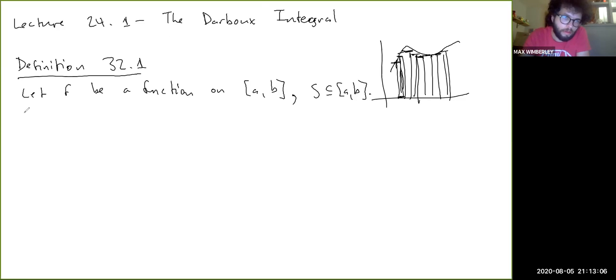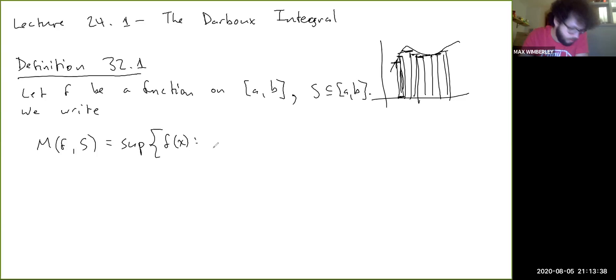We write, just for convenience, because we're going to have to write this a lot of times, capital M of f and S is basically the maximum, quote unquote, although it's not really the maximum because the maximum might not be achieved, but it's the supremum of the values of f(x) for x in S. Notice that with our other notation, you can also write this as the supremum of f(S).